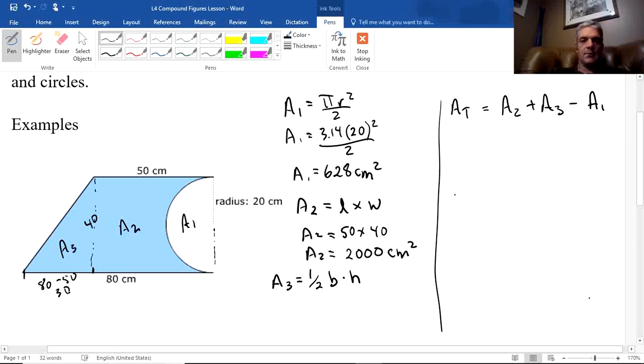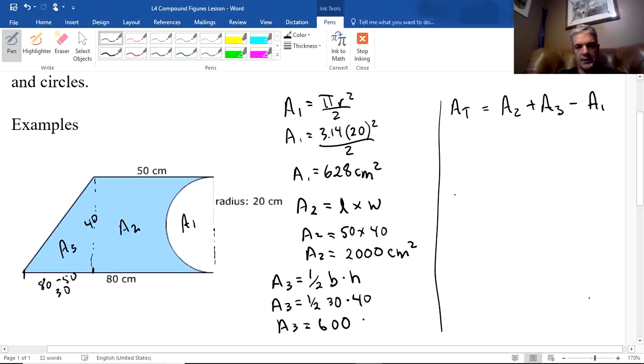And so that's my base. So area 3 equals 1/2 times 30 times 40. If you do this math in your calculator, you're going to get 600 centimeters squared.